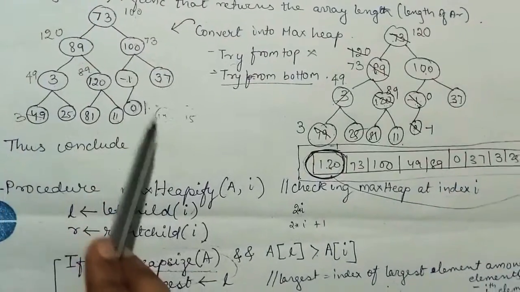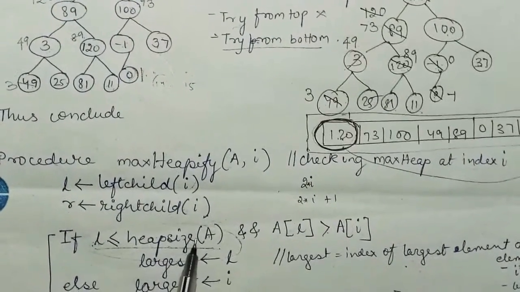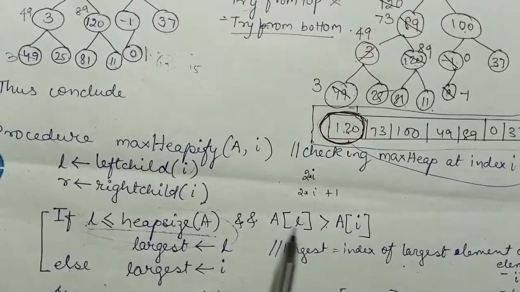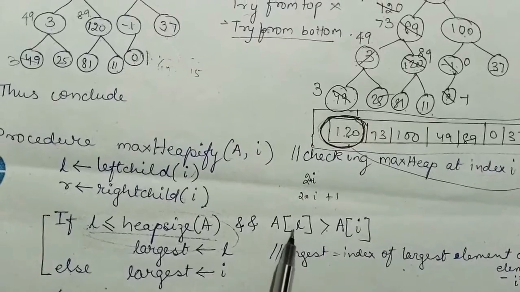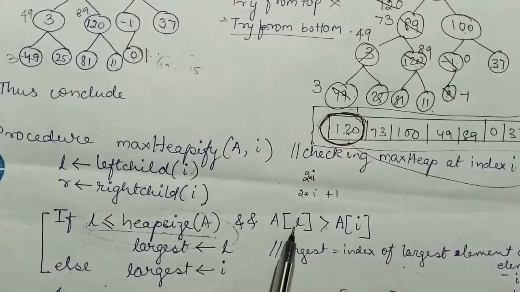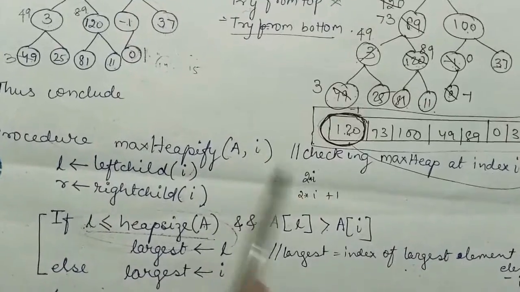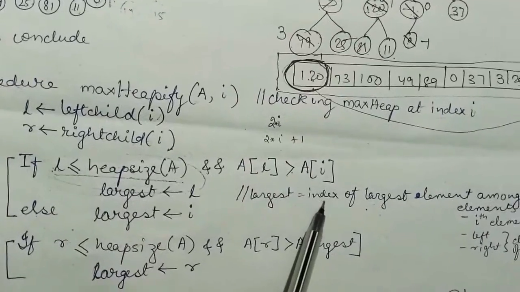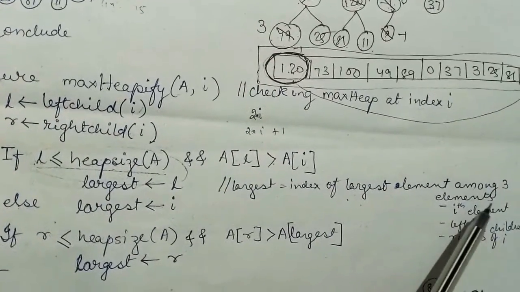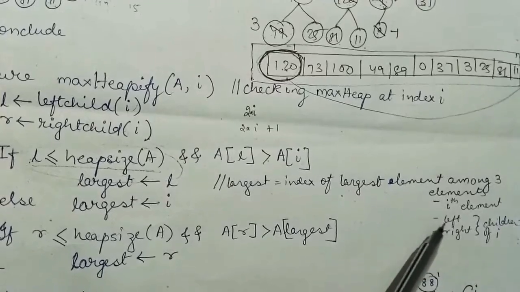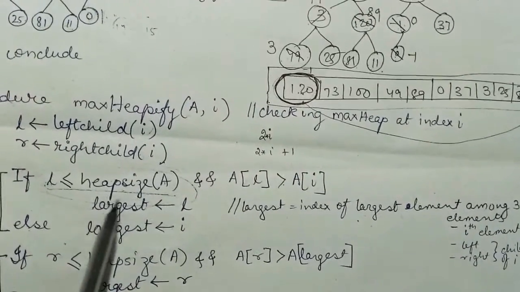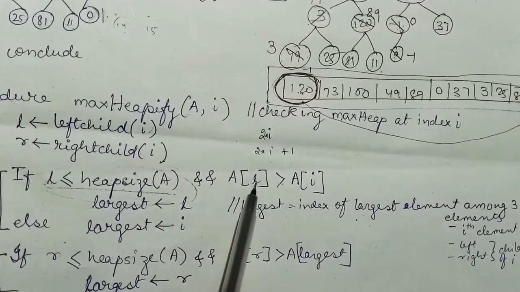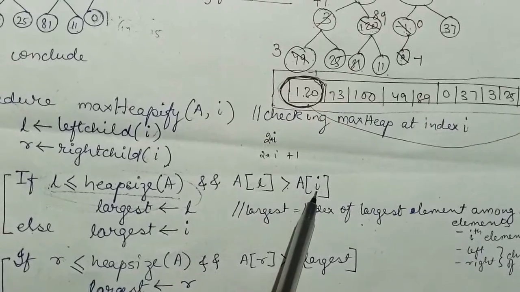So if L is less than the heap size of array A, and A at L is greater than A of I, that is, if the left child has a greater value than the present index, then largest, a variable that stores the index of the largest element among the three elements, the ith element or its left and right children, will store L, because at the Lth index it is greater than the present node.